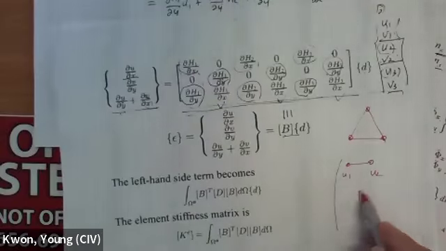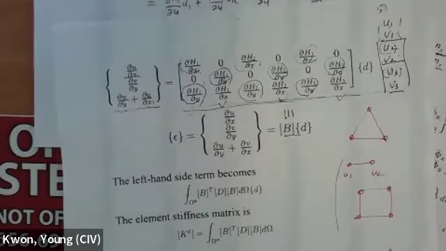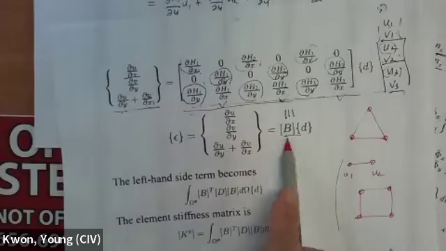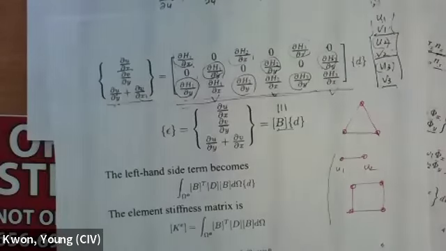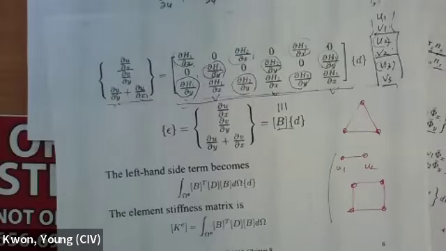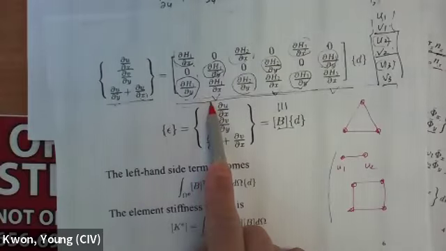And what about this? A four-noded 2D element. What's the size of matrix B? 3 by how many degrees of freedom? Each node has 2, but element-wise, how many? 8. So that's going to be 3 by 8.